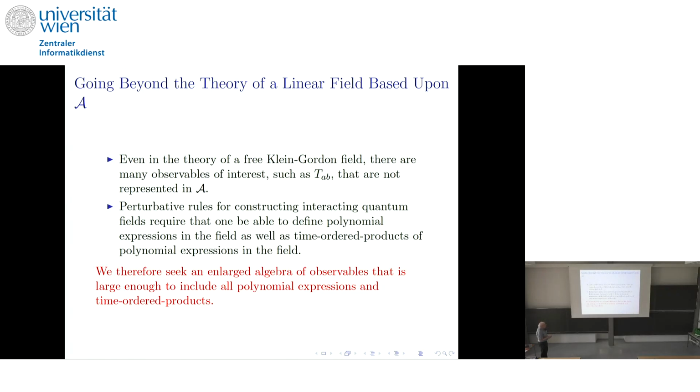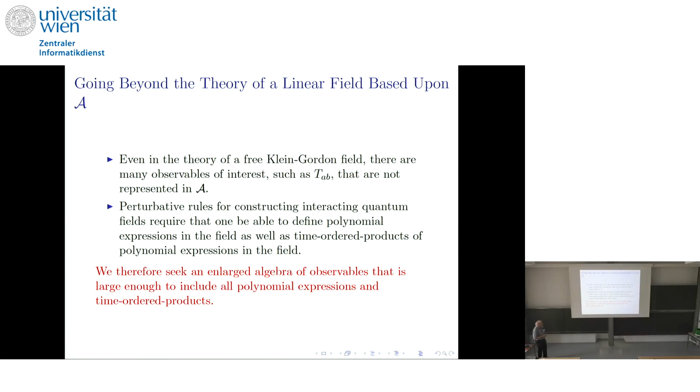That requires, again, polynomial expressions in the field. Your interaction is polynomial, otherwise you're in a lot more trouble. But it also requires that in the perturbative formulas there appear time-ordered products, and you've got to make sense of those as well.